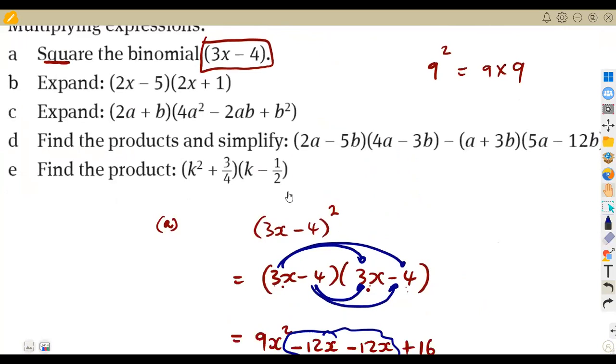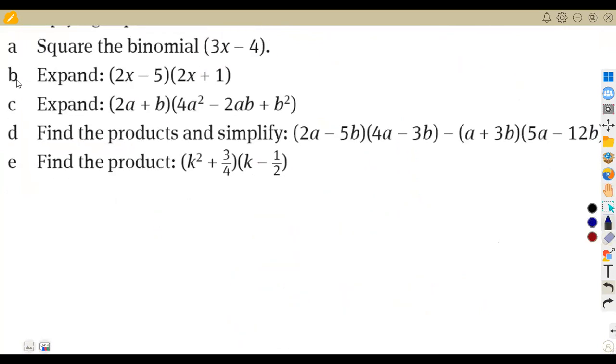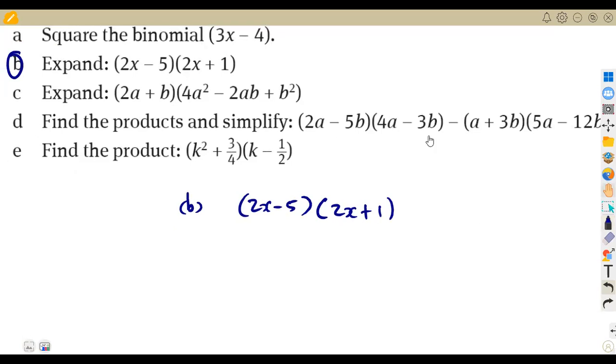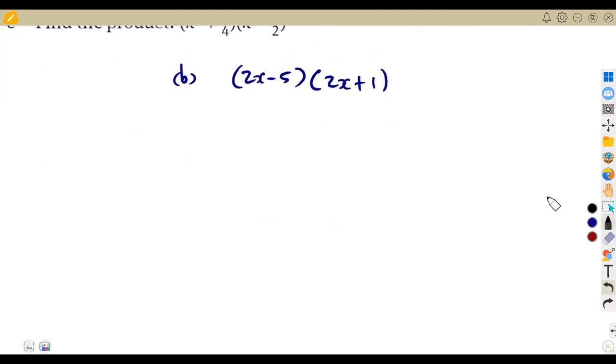So as you can see, it is the same situation as the B part, where we are given: expand (2x - 5) into (2x + 1). All right. So it is the same scenario that you are given to expand, whereby the first bracket has to multiply the second bracket in this case, all right?